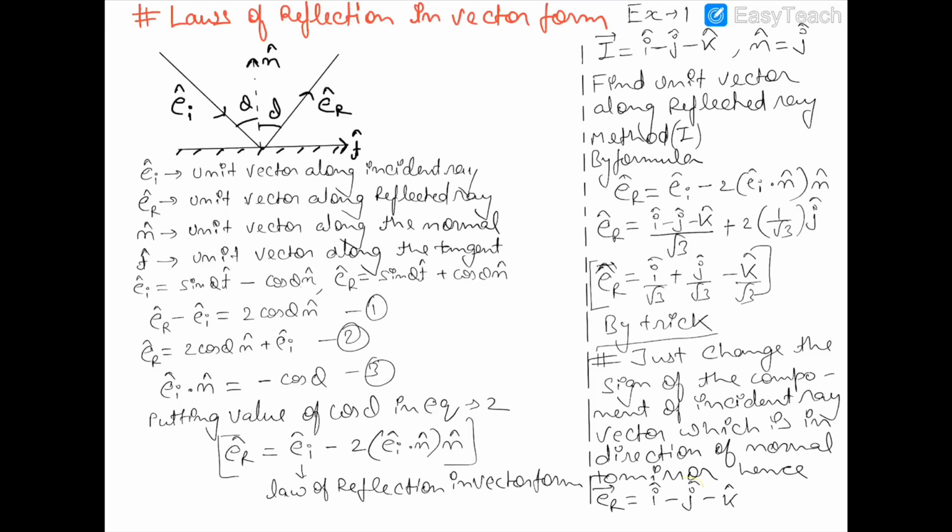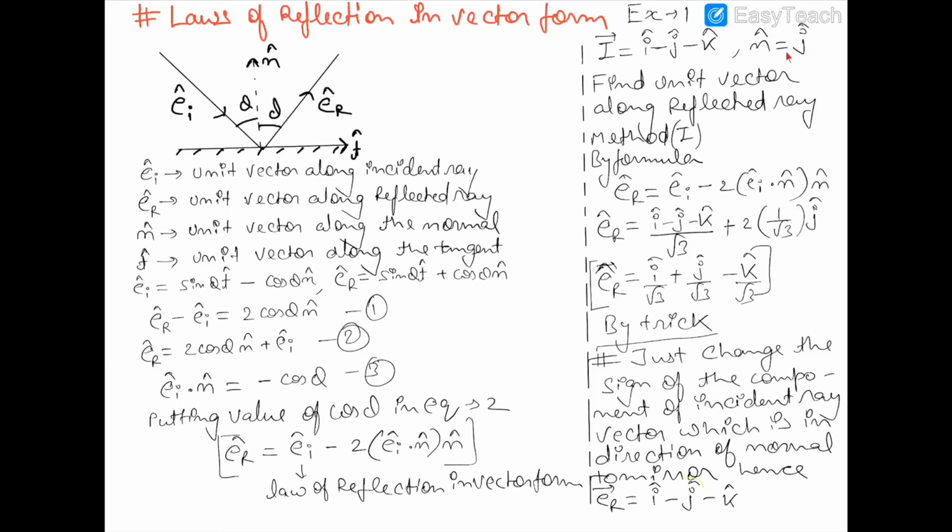So when the normal is one dimensional, just change the sign of the component of the incident ray vector which is in the direction of the normal to the mirror. I mean to say that you have to just change the sign of that component of the incident ray vector which is in the direction of the normal.